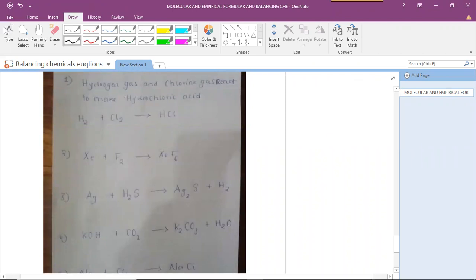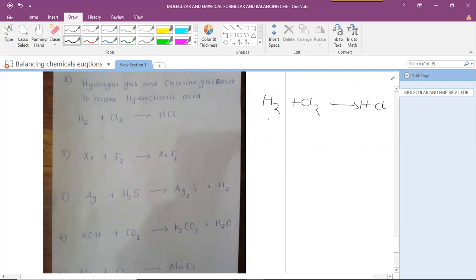So the first one, I created some form of scenario, but we won't talk about the nature of the reactions. They are just based on practice. So here we are saying hydrogen gas and chlorine gas react to make hydrochloric acid. So we have hydrogen H2 plus chlorine gas reacting to give us hydrogen chloride, but if it's dissolved in water, it becomes hydrochloric acid.